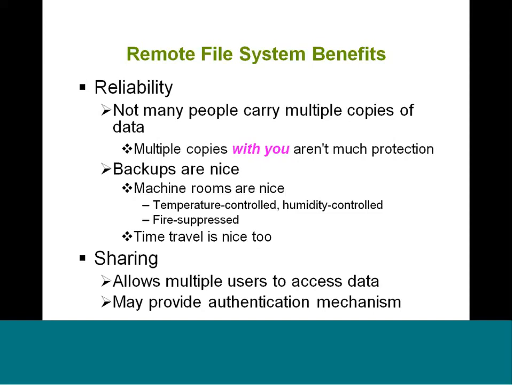Not many people carry multiple copies of the data, and if you are, it's not much protection. So you need a reliable mechanism. And then the second thing is that backups are very nice, especially if the backups are done in a temperature controlled, humidity controlled room with fire suppressed facilities.